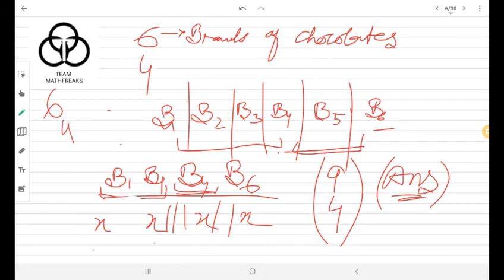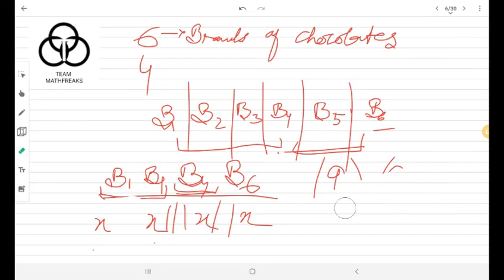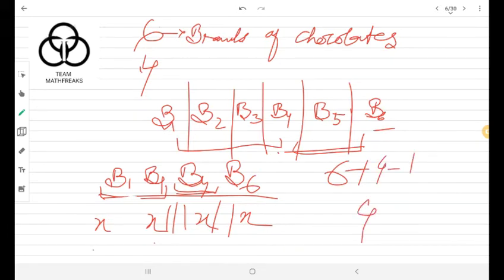Some say that the answer is 6 choose 4. This is wrong, because here repetition is allowed. A multiset is possible. That's why it's sometimes known as the multiset theorem. Some say it is the distribution of balls into different boxes. That's the simple logic. So 6, 4 can also be written as 6 plus 4 minus 1, choose 4.